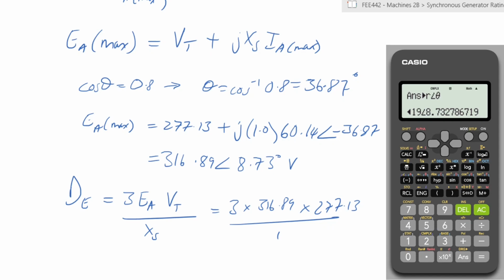So it is 3 times 316.89 times 277.13. So that means it is 263.46 kVAR.